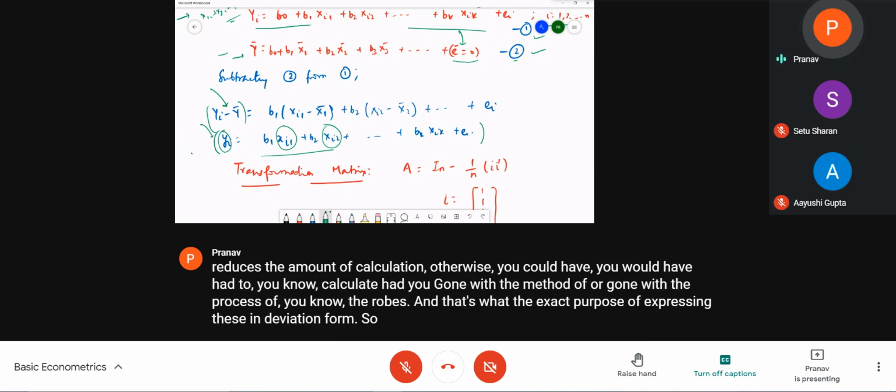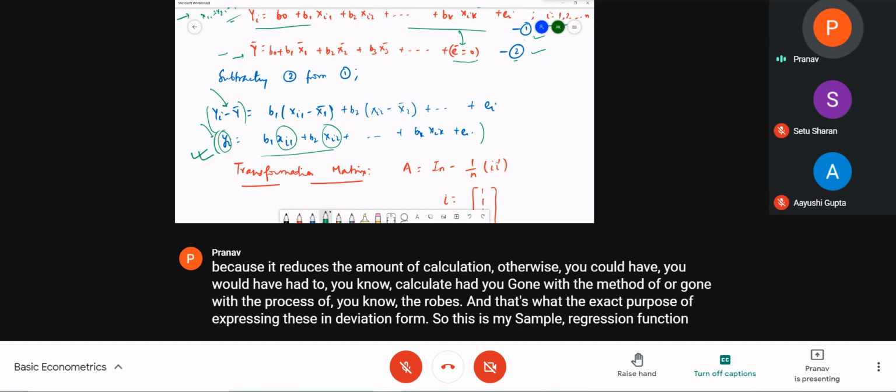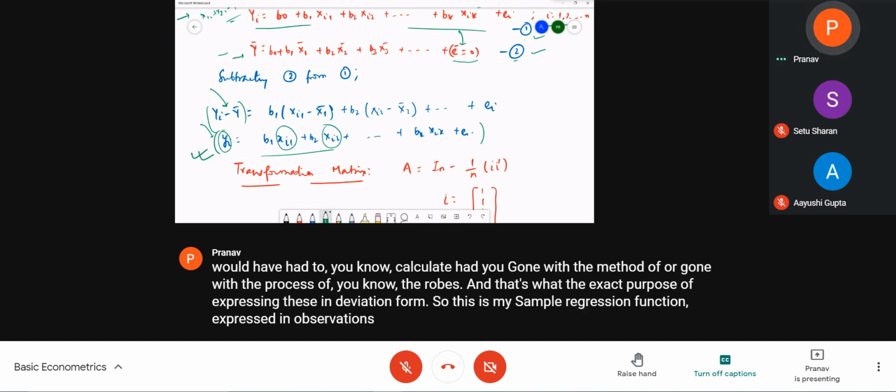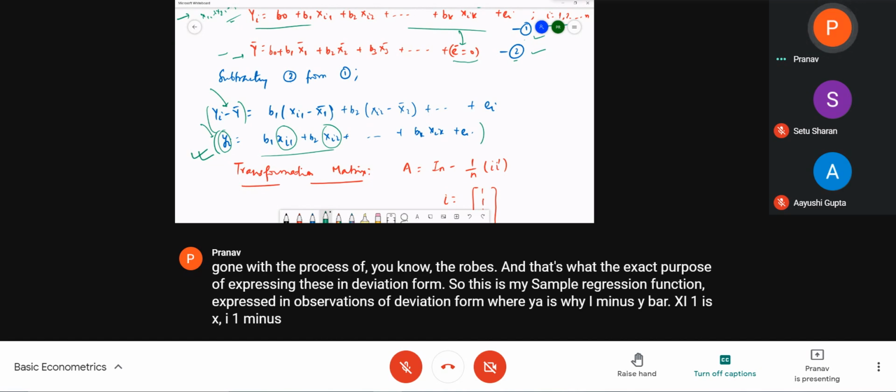So this is my sample regression function expressed in observations of deviation form, where yi is yi minus y bar, xi1 is xi1 minus x1 bar, and so on and so forth.